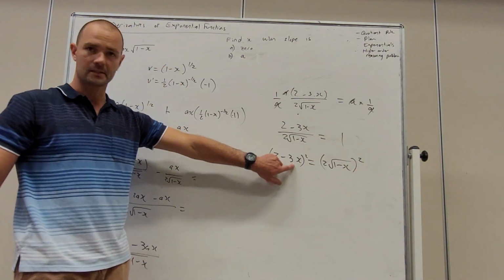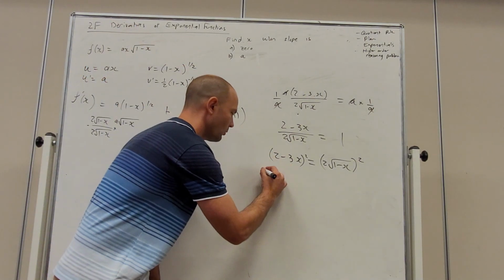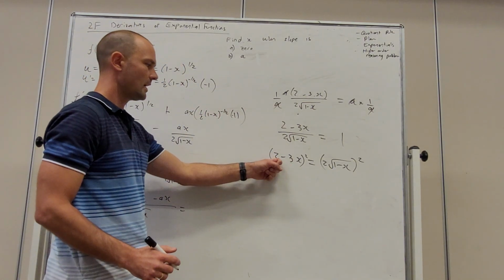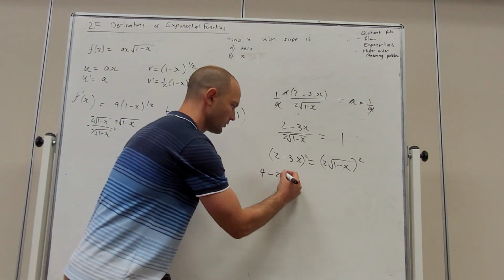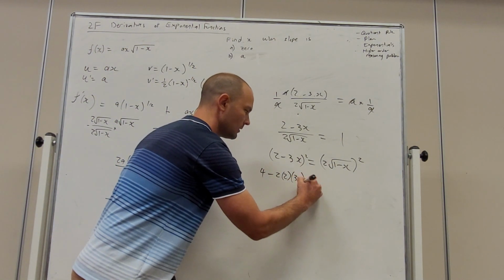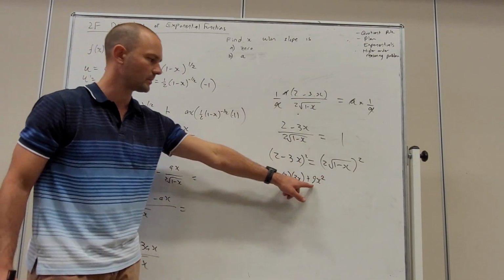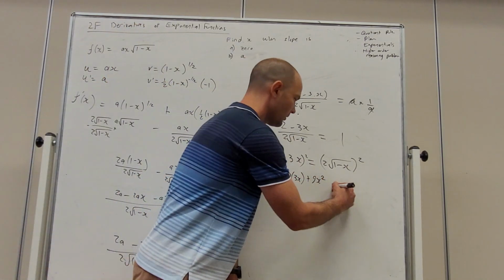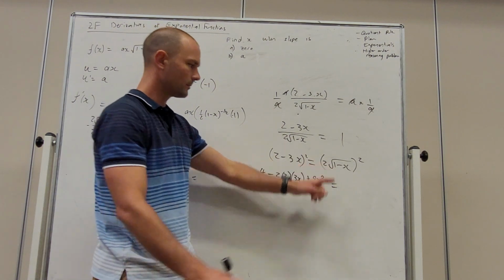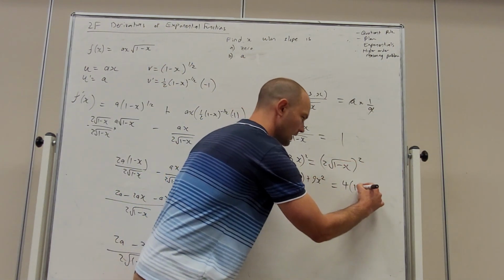This is a perfect square, so we have to use the perfect square rule here. We're going to have 4, so a squared, take away, and I'll do that part slowly, 2 lots of a, 2 lots of b, plus b squared. 3x squared becomes 9x squared. Over here, when we square this term, it's going to be 4, and then the square and the square root will cancel.